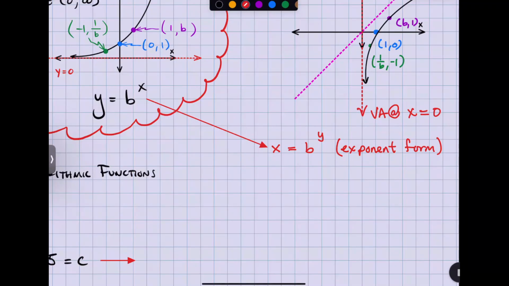This is called the exponent form. So in logarithmic functions, there is actually an exponent form and a log form. The log form is going to look something like this, and yes, that base is b. This is the log form.